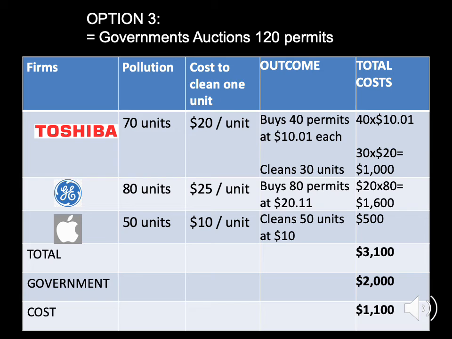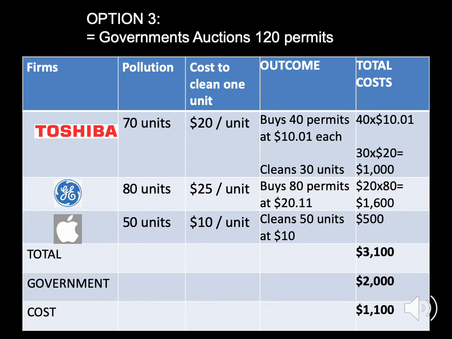Who wants to buy them at $19? No one. At 18, maybe, right? Actually, Toshiba would like to buy them at any amount less than $20, but they can wait until the price is at $10. To be true, it doesn't matter. As long as the price is between 10 and 20, Toshiba will buy 40 permits.